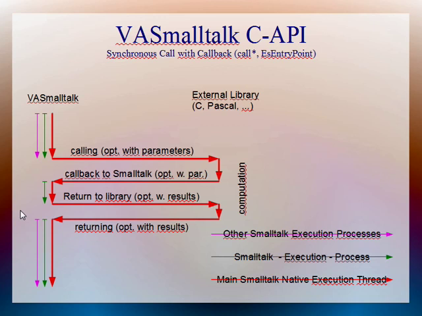This also means that if you give parameters to the external function, due to the callback and this running Smalltalk code, the addresses of the parameters may change, and therefore you have to be very careful in this situation. Although you are doing a synchronous call, you have to be careful with your parameters, considering to make them fixed, or you put your parameters into operating system memory space.